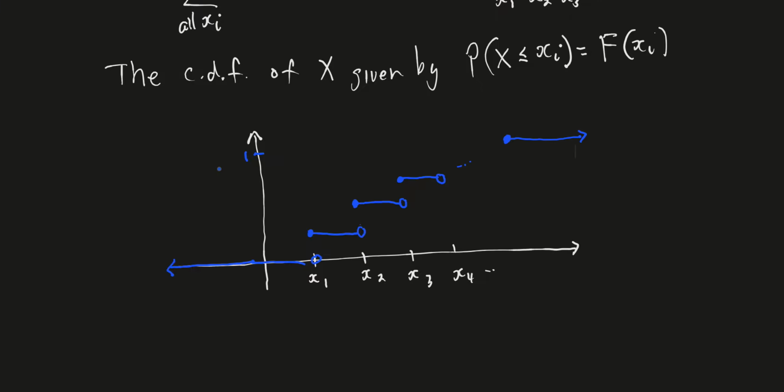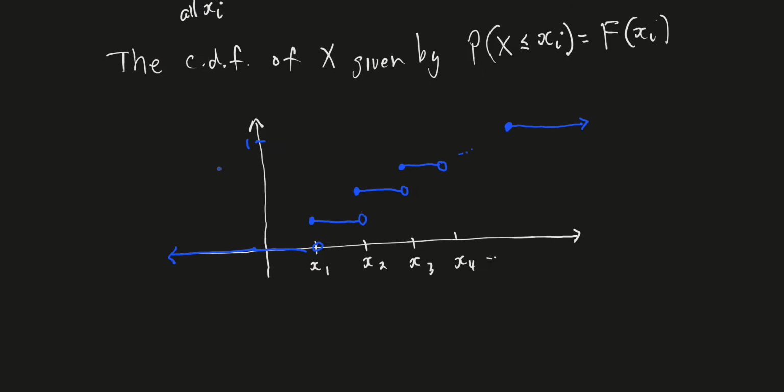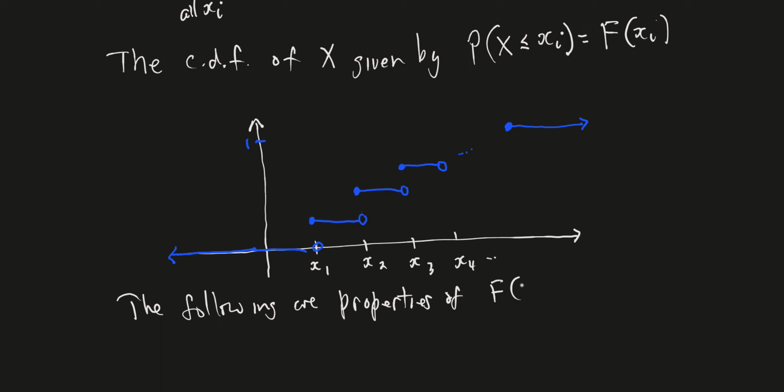So let's see if we can use the graph as a motivation for what's going on. Well, here are some properties of our big F of x_i, our CDF.